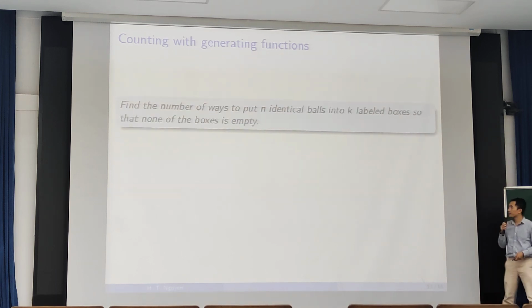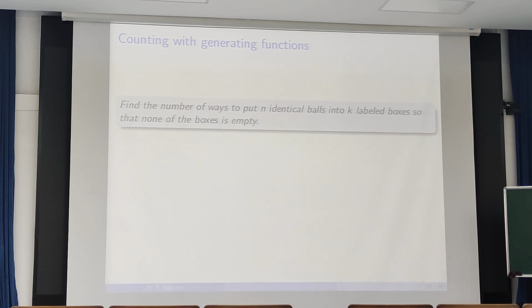How many variables are there? In fact, here it is an equation of k variables. If you call the number of balls in box number 1 x1, and so on, then you need that the total number of balls in the k boxes is equal to n.